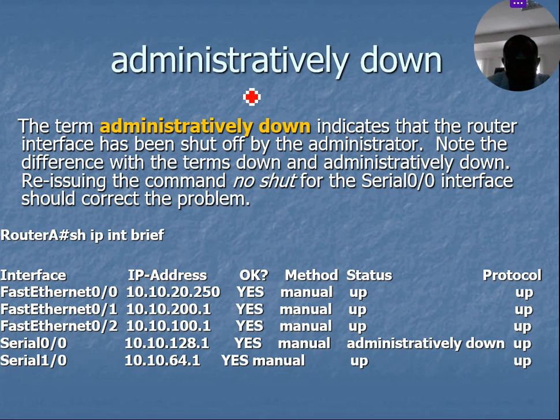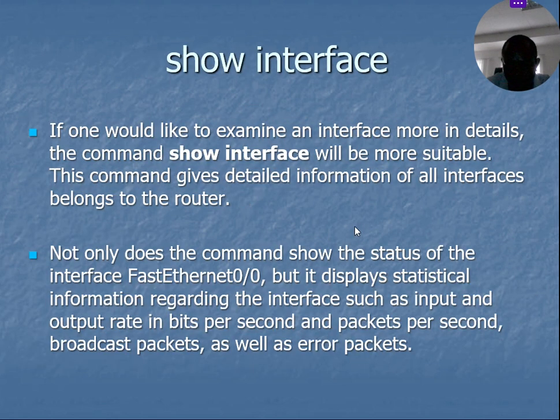So what we need to do is write a small command, show interface. If one would like to examine an interface in more detail, the command show interface will be used when something is administratively down. The no shutdown command will be used by the administrator to correct this problem. This command gives detailed information on all the interfaces belonging to the router.